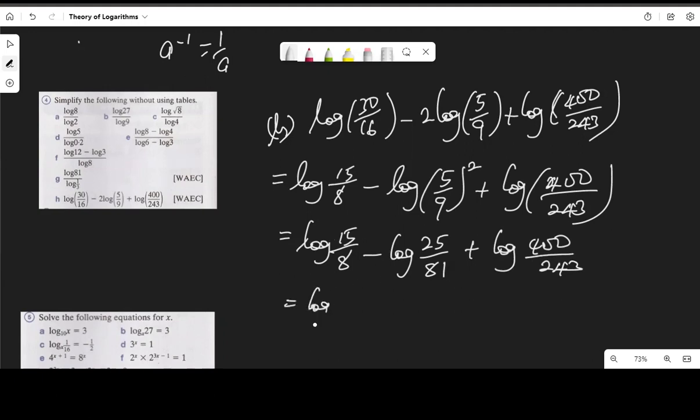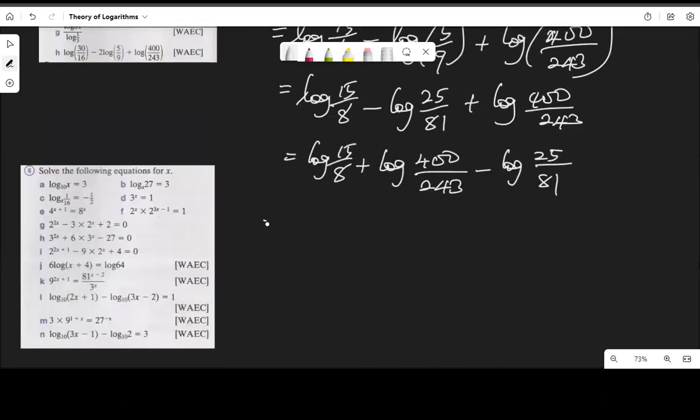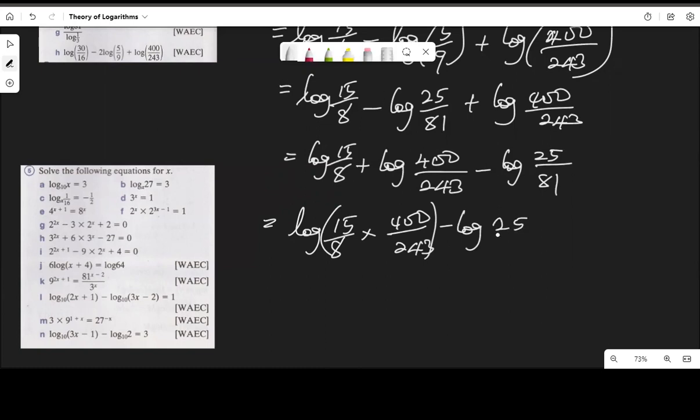So I will have log 15 over 8 plus log 400 over 243, and minus log 25 over 81. Applying the law of logarithm, that will be log 15 over 8 multiplied by 400 over 243, or minus log 25 over 81.